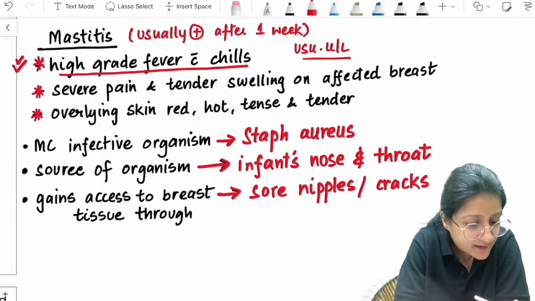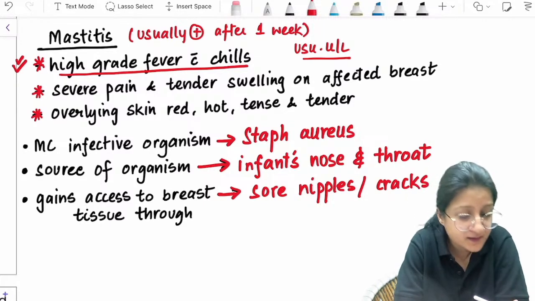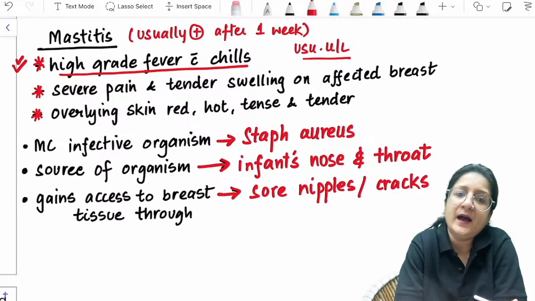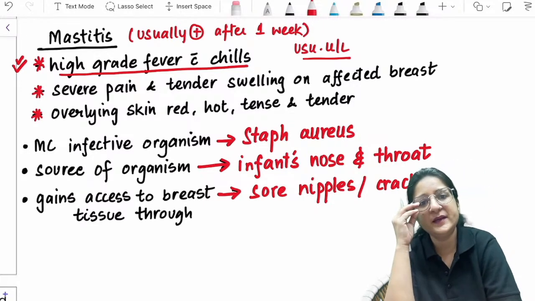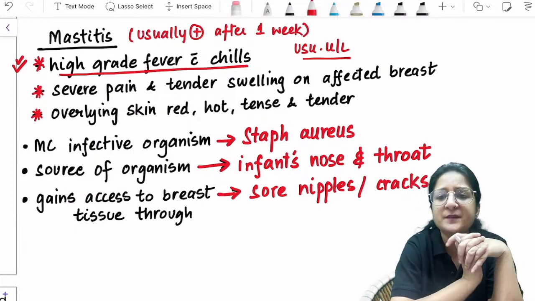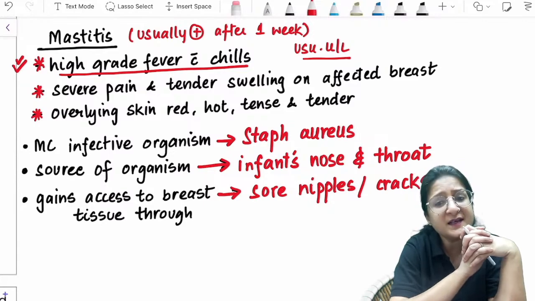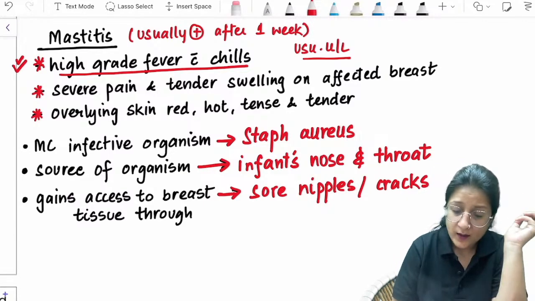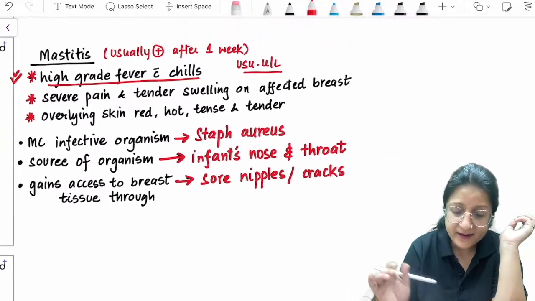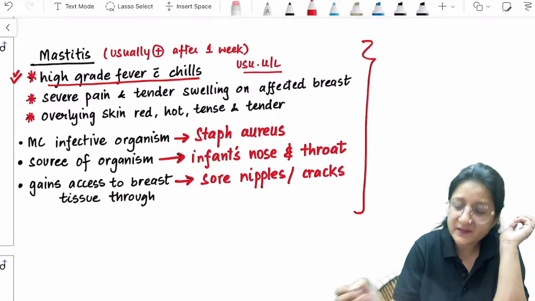Now mastitis and abscess, how to differentiate and what is the difference between the two? Mastitis is simply infection and inflammation of breast tissue and parenchyma. What is an abscess? Abscess is pus collection. So let's say we identify mastitis and we start treating.